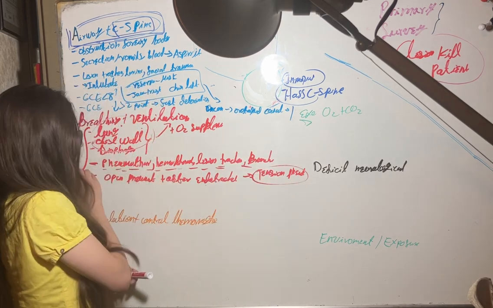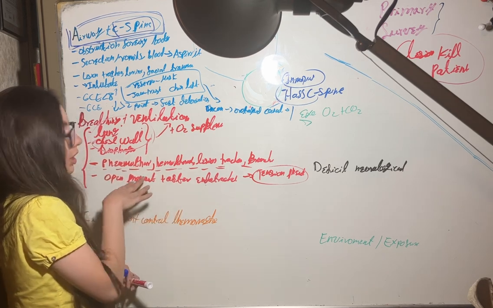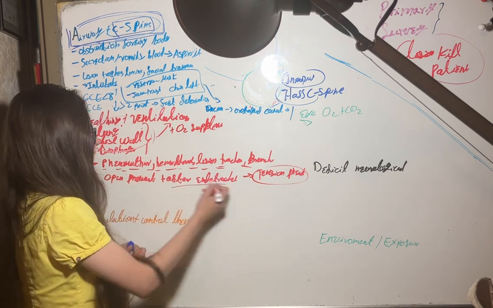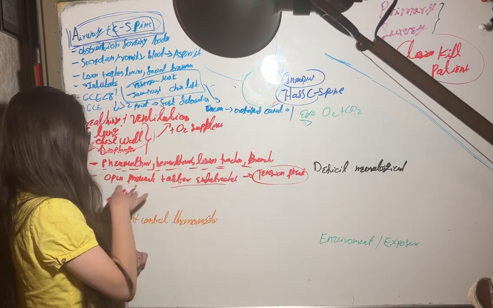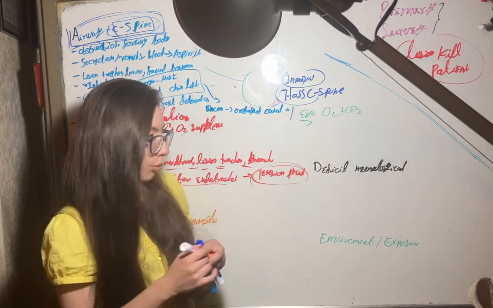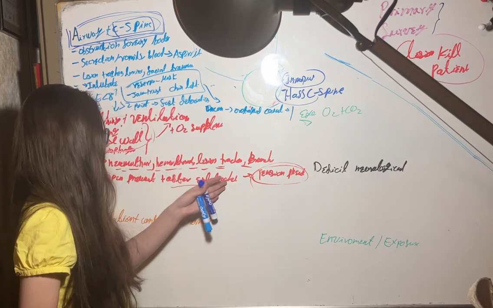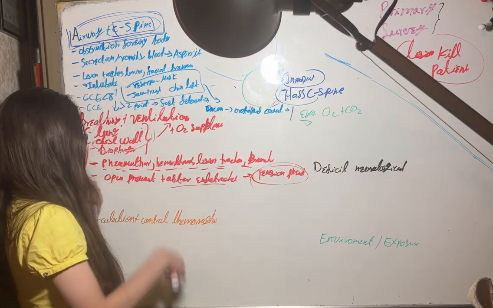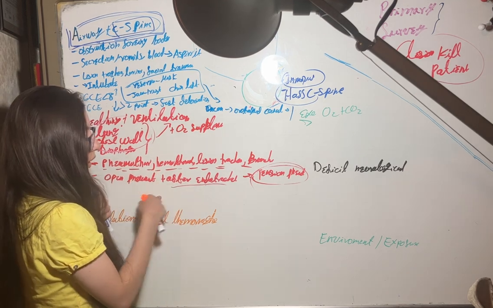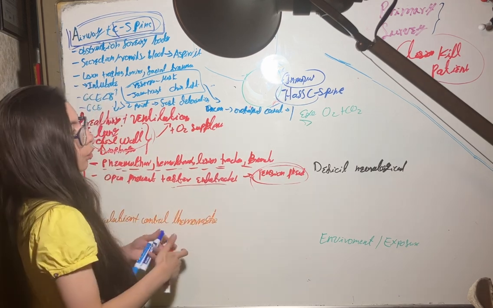But if the patient has an open pneumothorax and we didn't notice, and we introduce an endotracheal tube and ventilate the patient, we can convert this open pneumothorax into a tension pneumothorax. So before placing an endotracheal tube, we should always discard that the patient has an open pneumothorax, which could be converted into a tension pneumothorax after introducing the endotracheal tube.